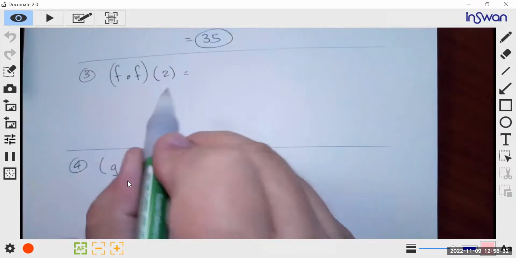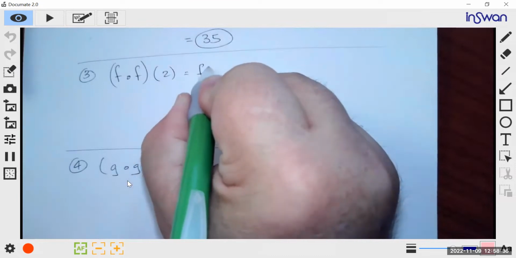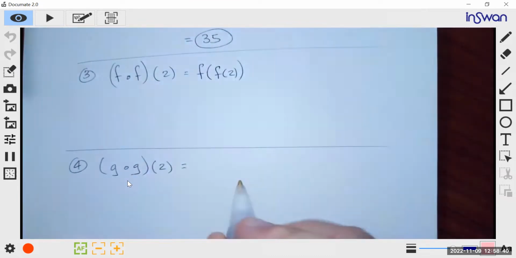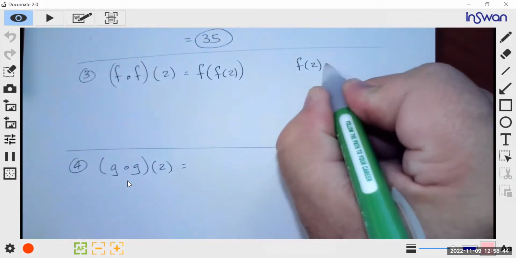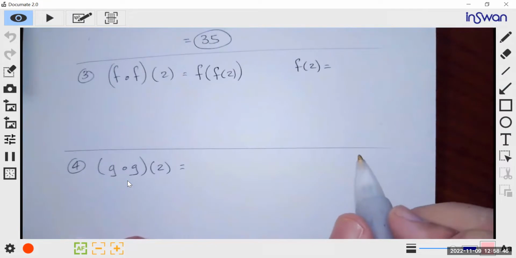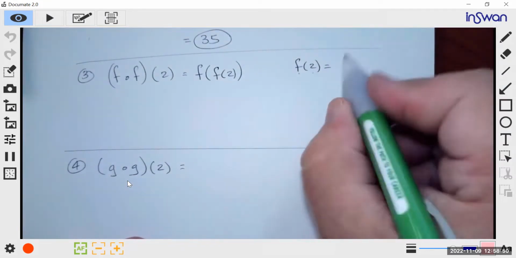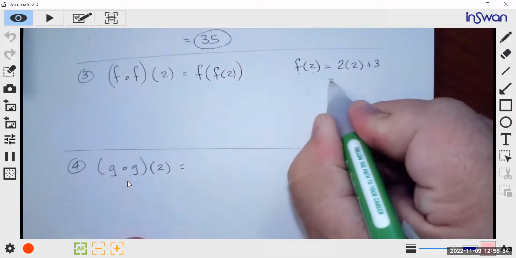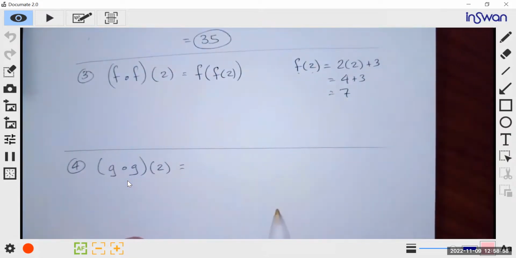Okay, so what's the first one going to look like? f of f. We have to set it up. We first have to find f of 2. So go to the function f, anywhere I see x, I put a 2. So it's 2 times 2 plus 3, that's 7.